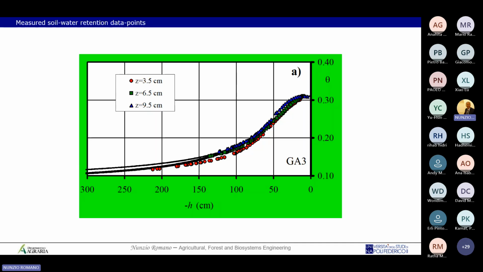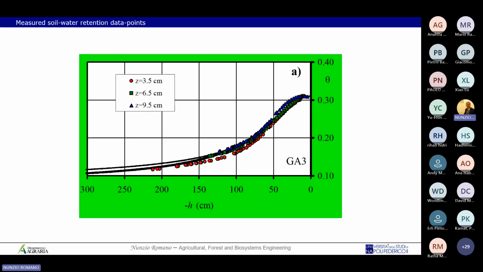But I can show you an actual measurement of a water retention function that we did in my lab with very accurate equipment. It's the gamma ray attenuation method, and you can see this is a quite homogeneous soil.